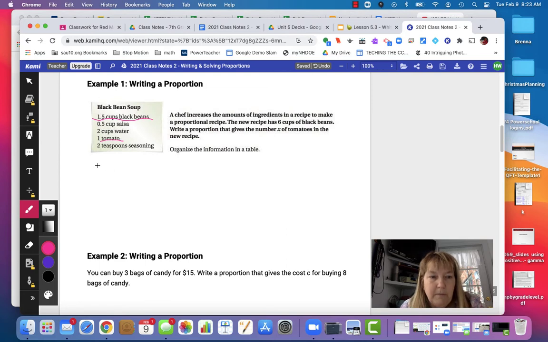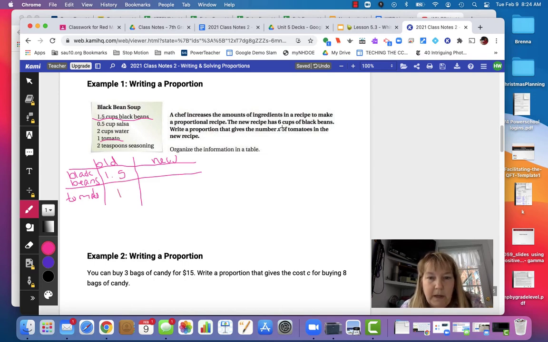So in this table, I have the old recipe, and I have black beans, and the new recipe, and I'm comparing those to tomatoes. So in the old recipe, we have 1.5 cups of black beans and 1 tomato.